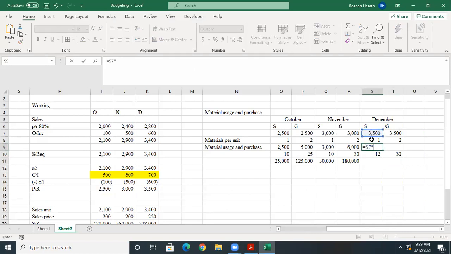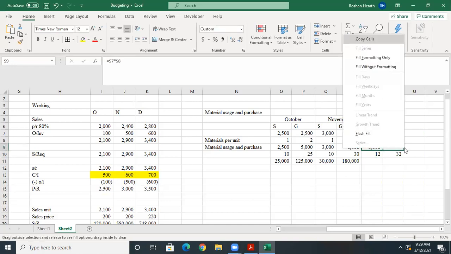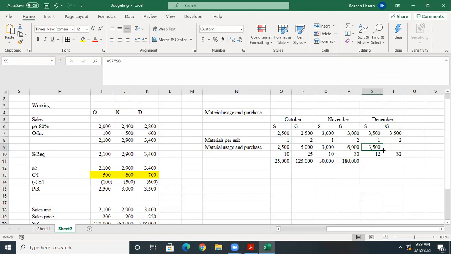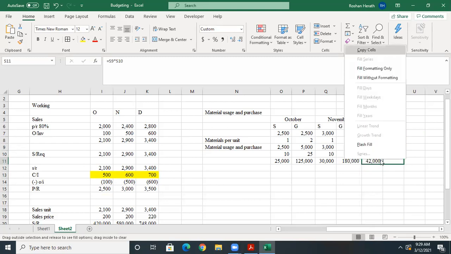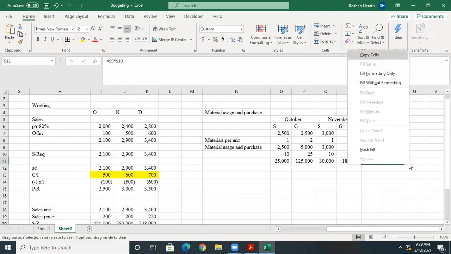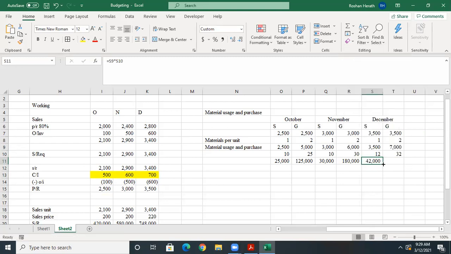So here it comes the material cost. 42,000, and there comes the cost. Okay, so we have found out how much cost that you have to incur for this material.